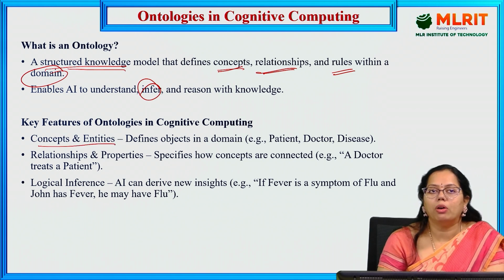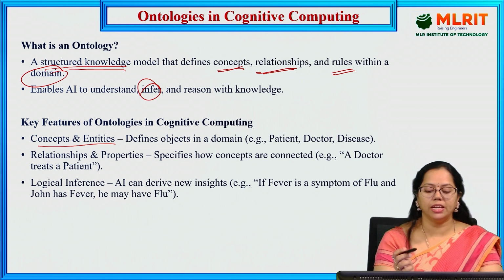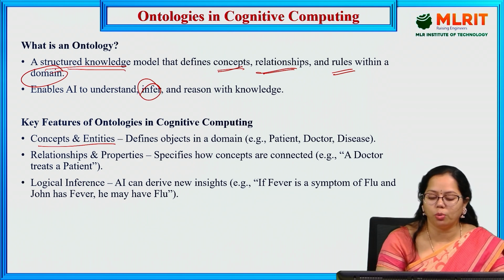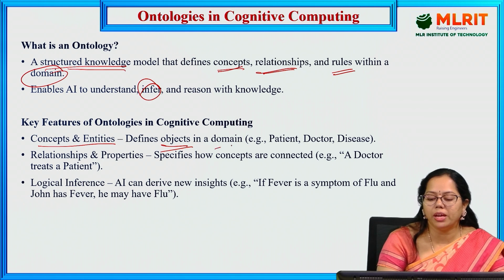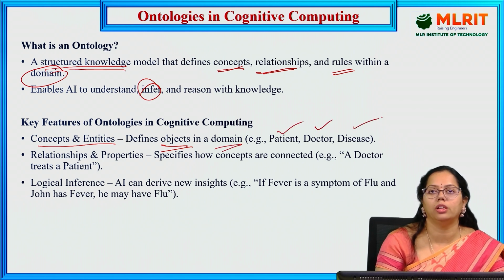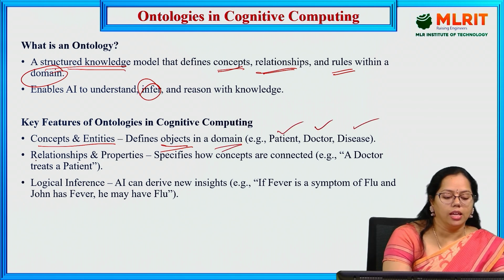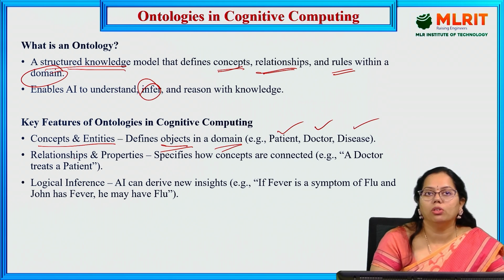Okay, now basically, what are the features of ontology? When you talk about entities and concepts, it defines objects in a domain. What is a domain? Patient, doctor, disease. When you're talking about the other feature called relationships and properties, it specifies how concepts are connected.